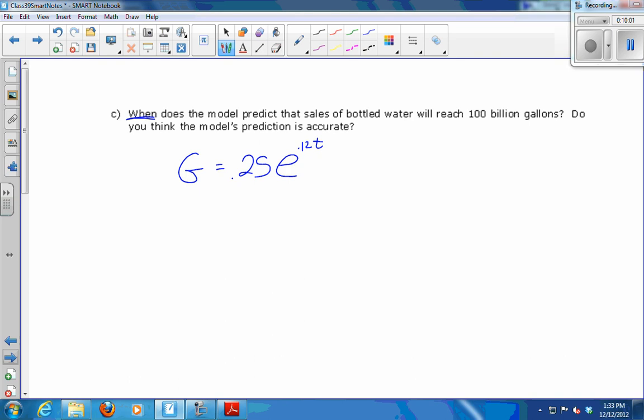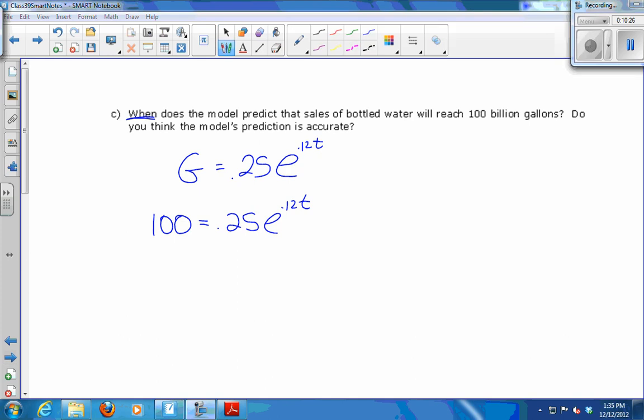So where am I going to put that 100 billion? G, because that's representing gallons of water. So 100 in for G. And this is precisely the kind of equation we learned how to solve algebraically last class. So I would like you to do that now. Solve this algebraically.